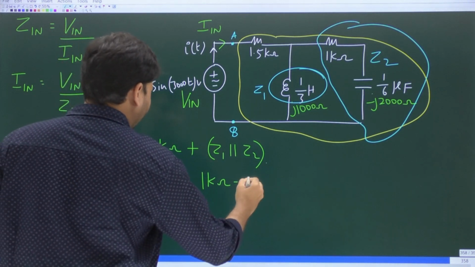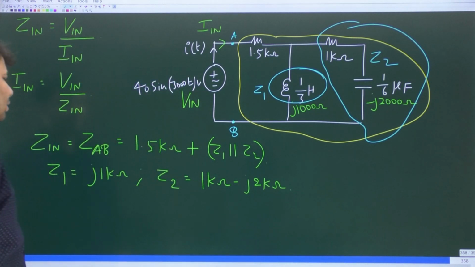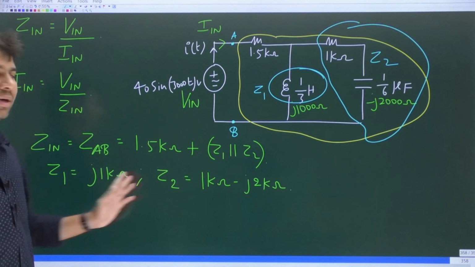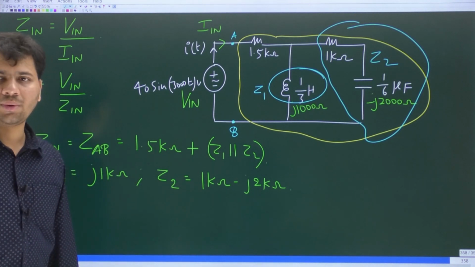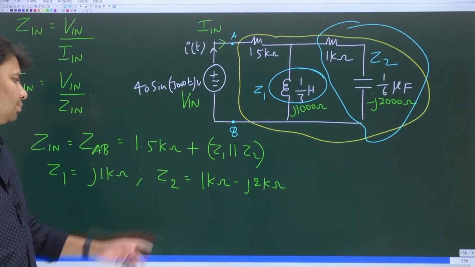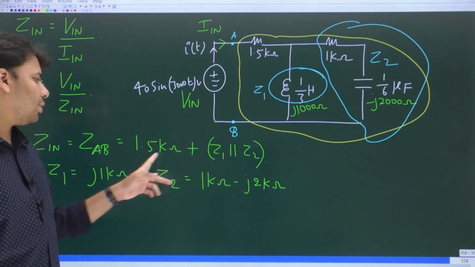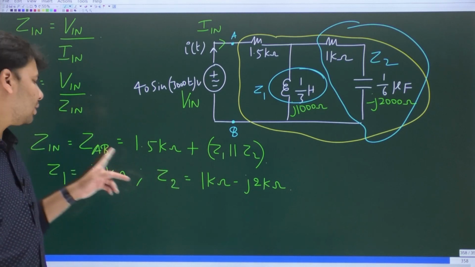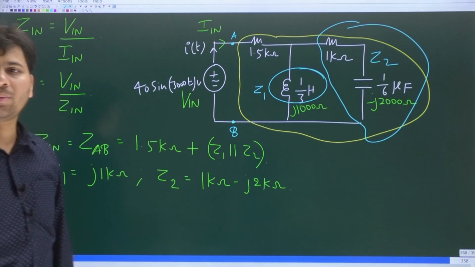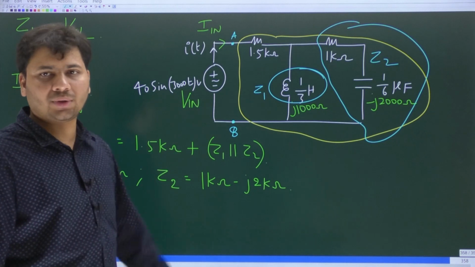So these are the values of Z1 and Z2. You can easily find Z1 parallel Z2, Z1 Z2 divided by Z1 plus Z2. Then you add 1.5 kilo ohms to it. Then you will get the net impedance between A and B, which is also going to be the input impedance, seen from the input source point of view.